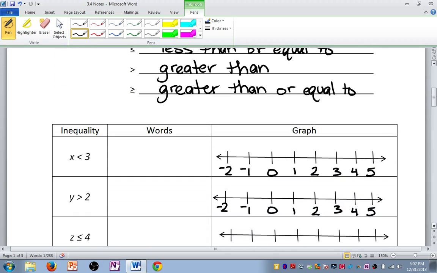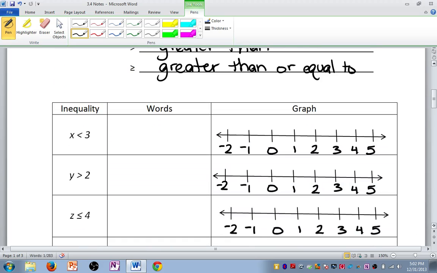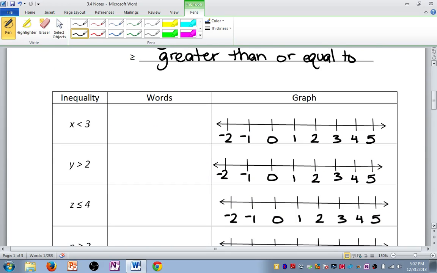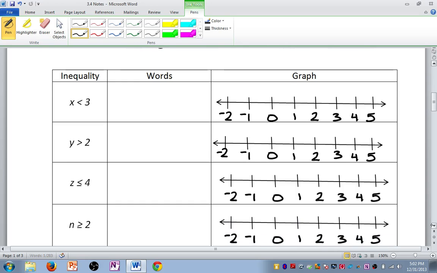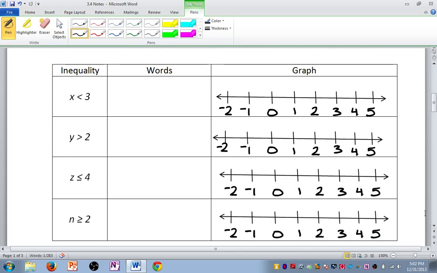Here we're going to fill in this chart, and we're going to read what it says and write it in words. This inequality is read x is less than 3, and what that means is all numbers less than 3. Y is greater than 2.